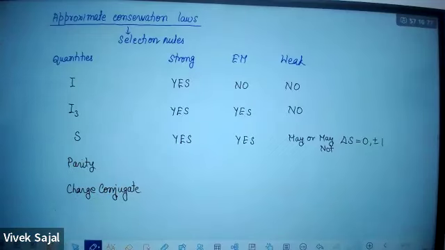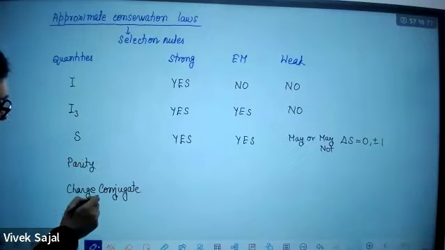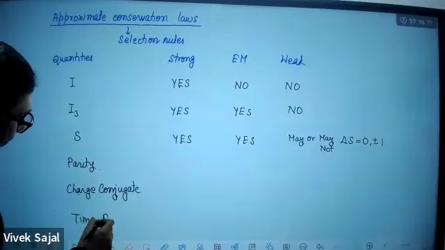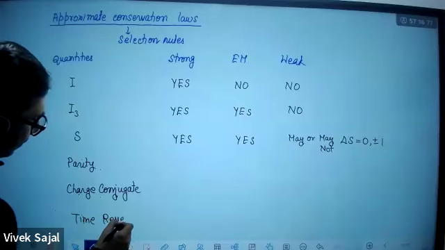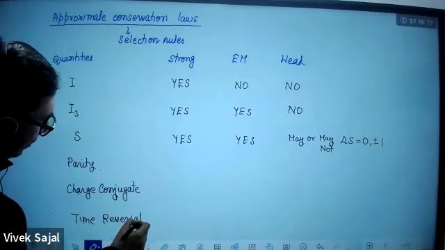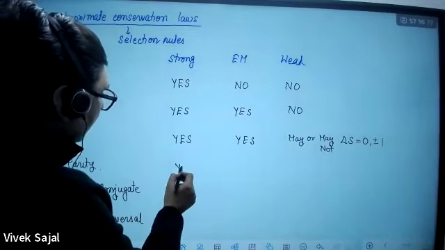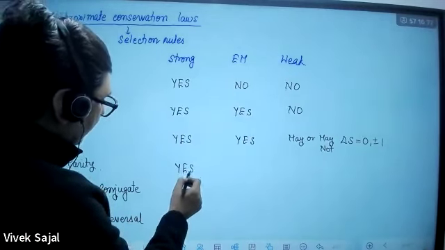Parity, charge conjugation, and third is time reversal, CPT. I will explain these three also. Here, all three will be satisfied.